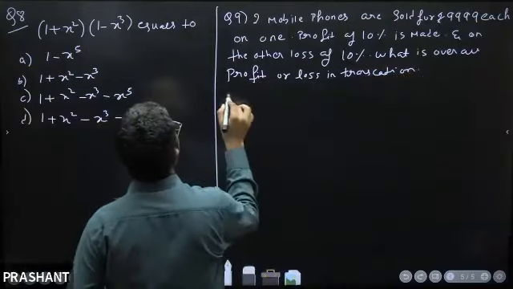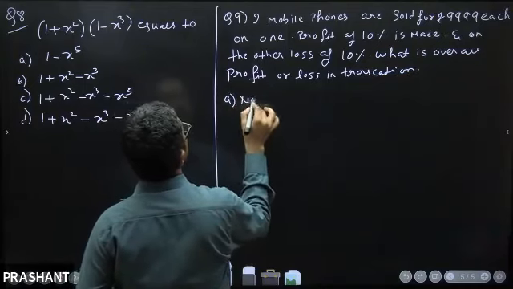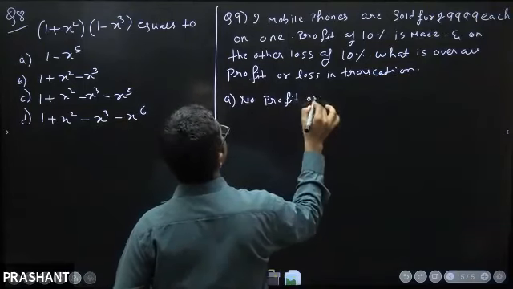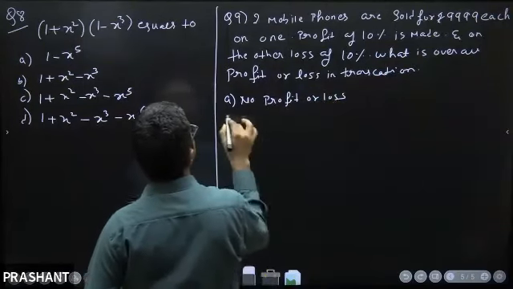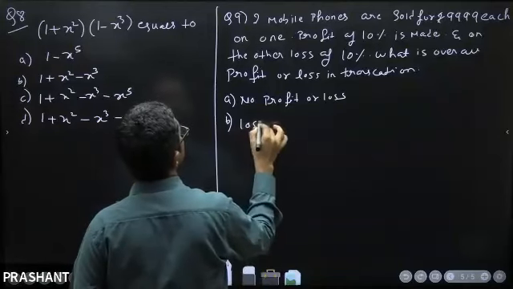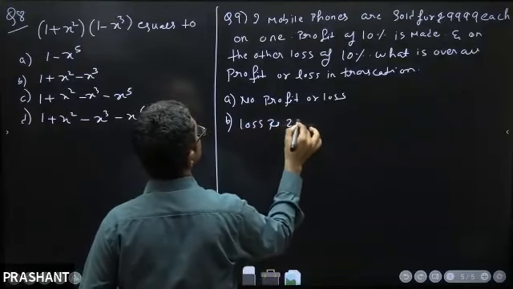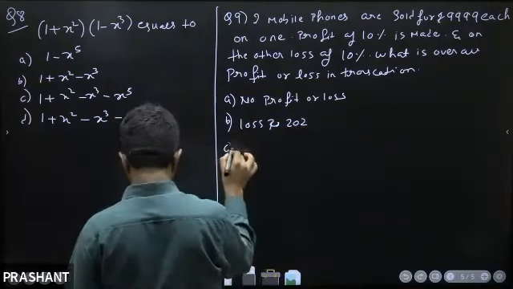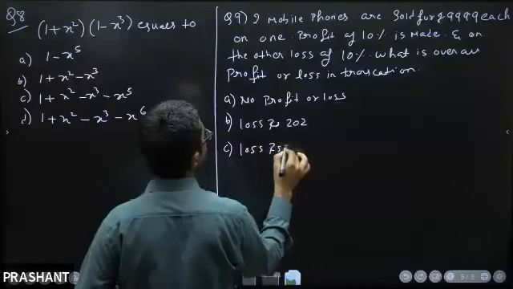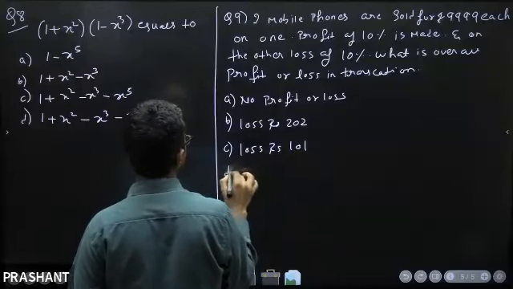Okay? The options are: A, no profit or loss. B, loss of rupees 202. C, loss of rupees 101.